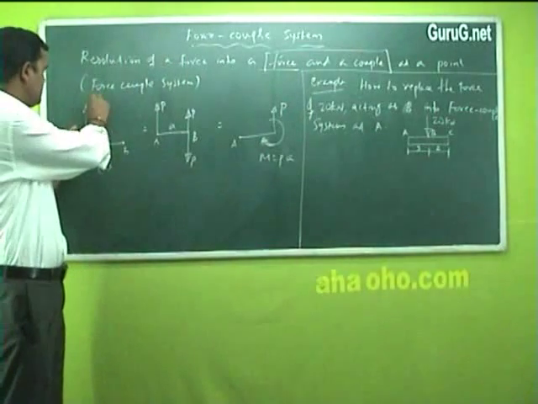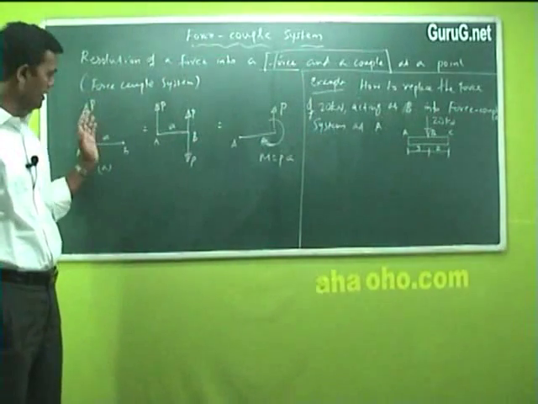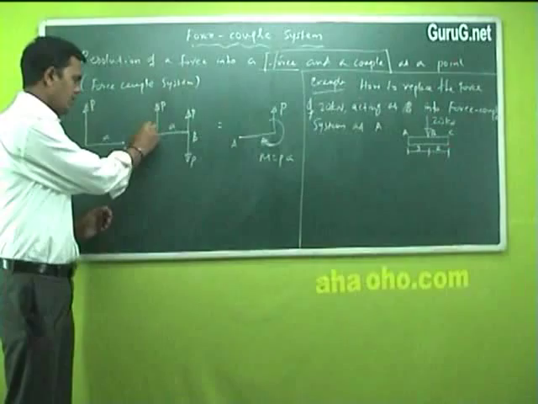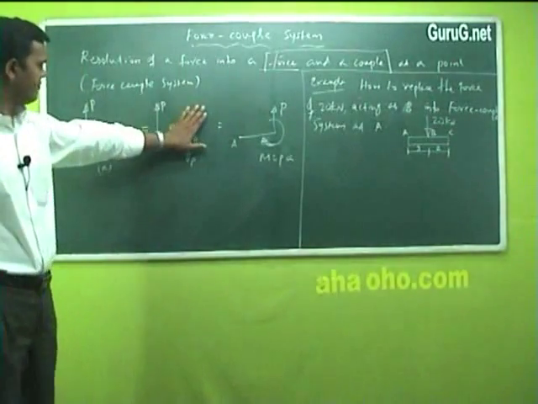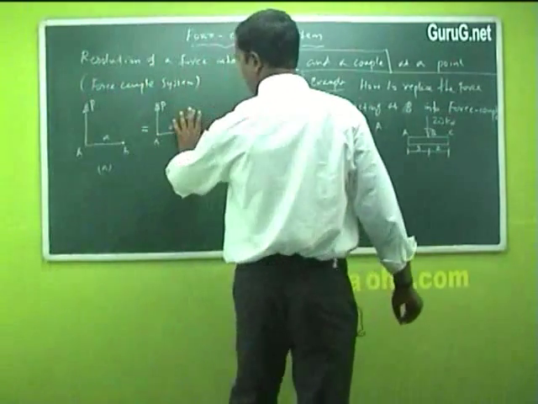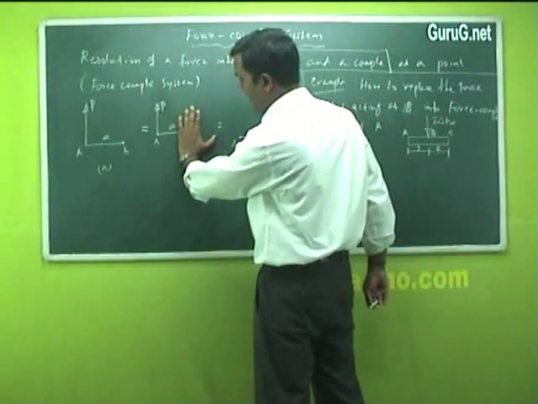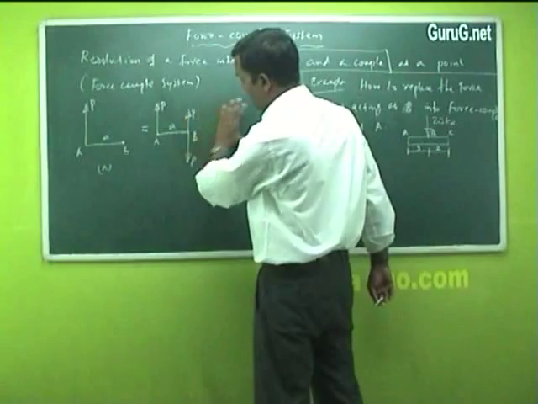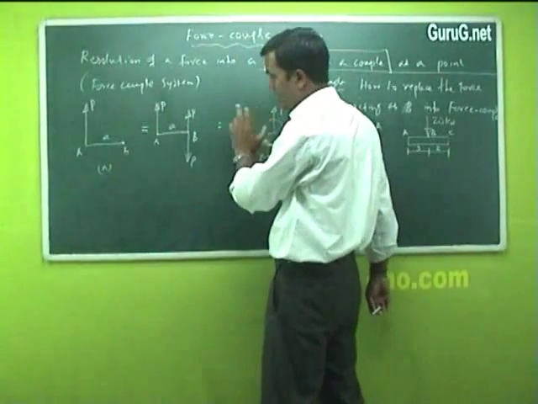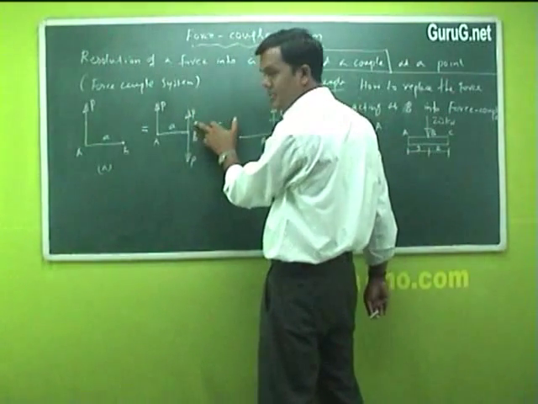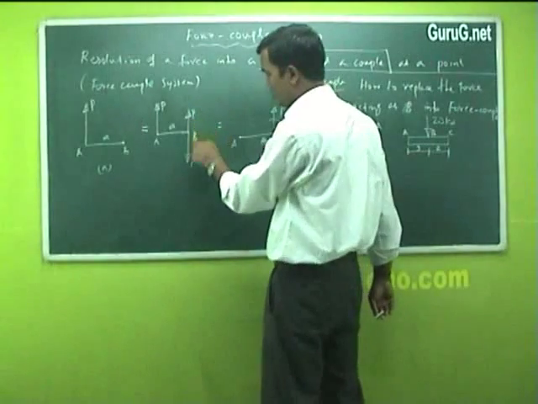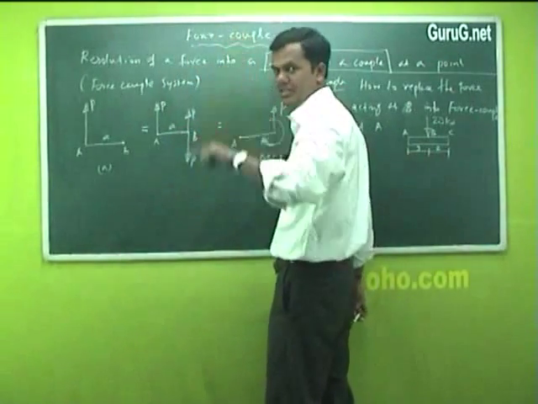A force is acting, suppose this force is P. In the next sketch I have shown this force remains as it is. The distance is A, and point B is at the other end. Now if I introduce two equal and opposite collinear forces, collinear means the line of action is the same.